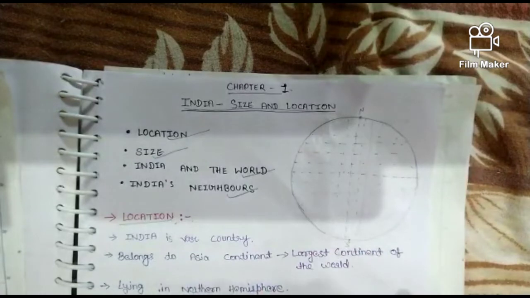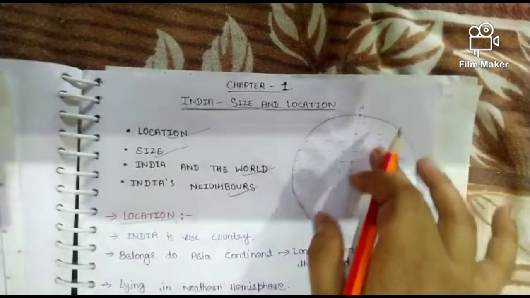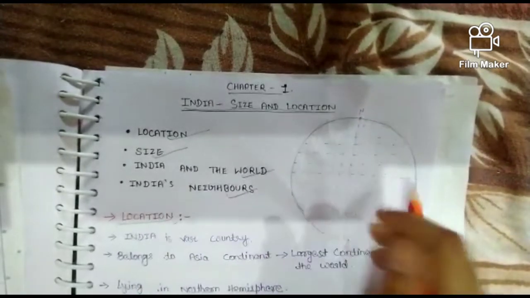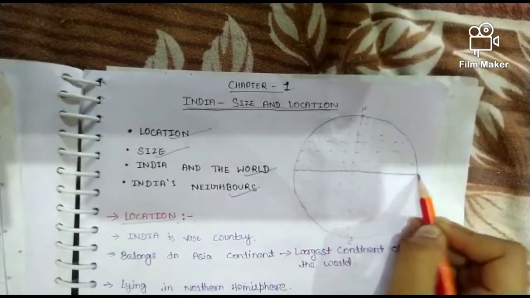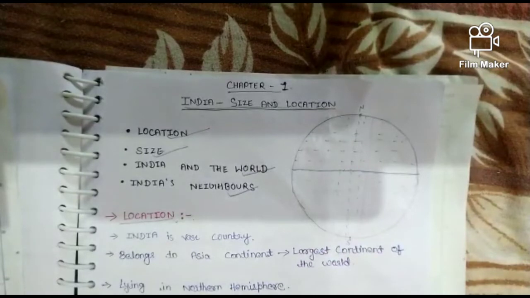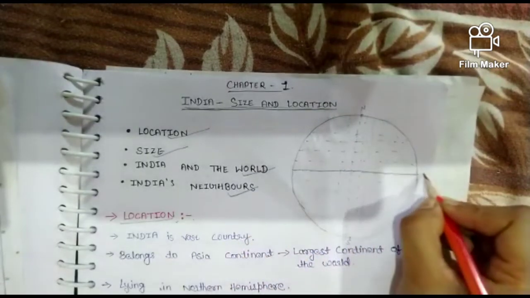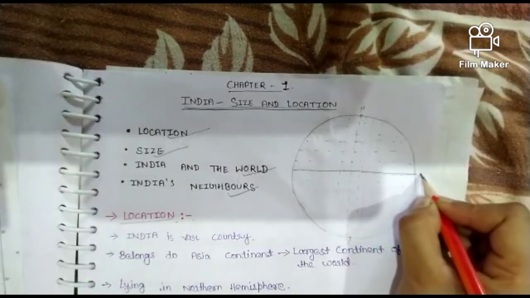The line which divides our earth into equal halves, the northern hemisphere and the southern hemisphere, is called the equator. Latitudes are measured in degrees, and the equator is 0 degree latitude.